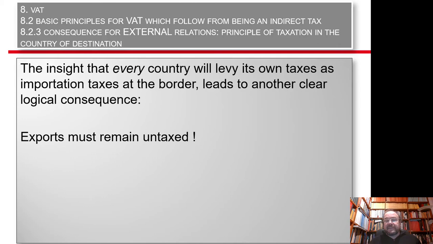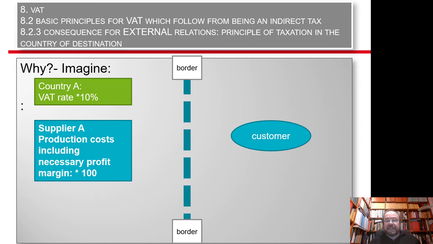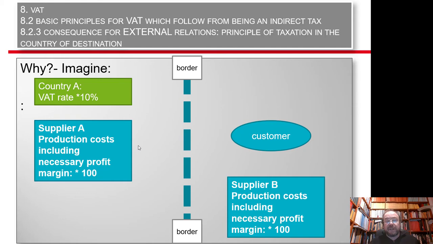On the other hand, exactly that insight that every import will be taxed in the country where it goes to leads to logical consequences. Countries from which things are exported must leave their exports tax-free because otherwise they would end up being too expensive. Why? Look again at our little sketch with the border, the customer, and countries A and B. Imagine now supplier A, production costs 100 again, supplier B, production costs 100.